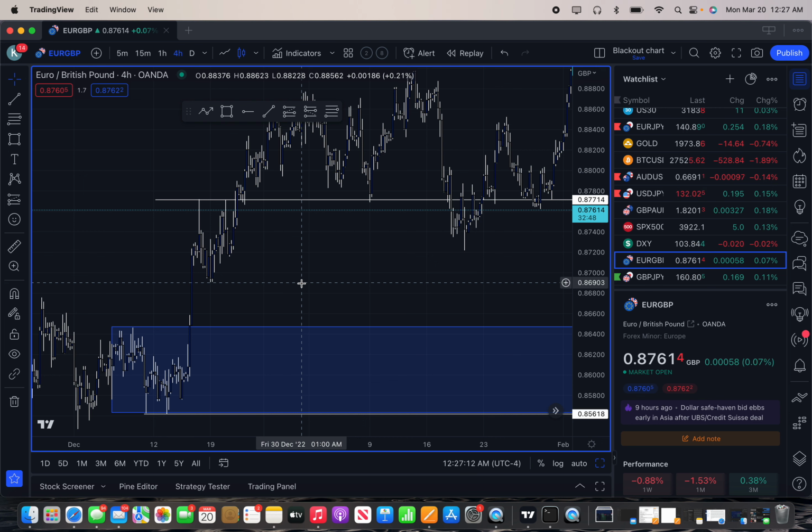Supply and demand is very similar to support and resistance. The only, a couple big differences are, support and resistance is based off of already formed structure. So you're just assuming these certain levels will hold. Supply and demand, you're kind of getting ahead of it. So you're looking at the retracement and where there was a lot of consolidation, basically where a lot of people loaded up orders, and you're assuming that level will hold with no kind of formed structure.